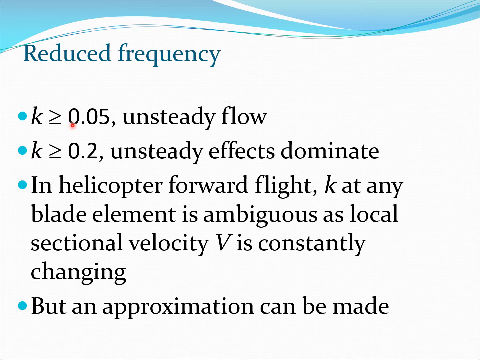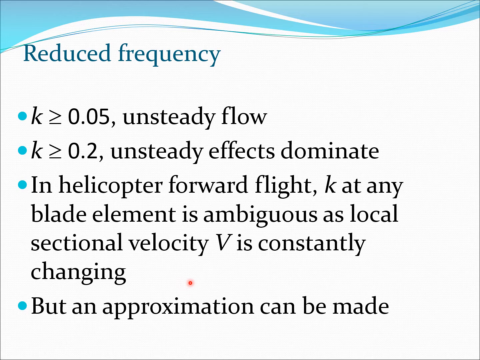If the value becomes greater than 0.05, we say that unsteady effects have started to show up, and we say this is unsteady flow. And if k is greater than 0.2, then unsteady effects will dominate, and this is where we need to seriously consider the unsteady impact, and they are going to be quite substantial.